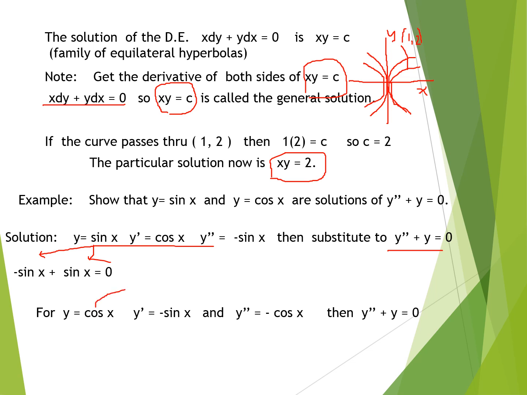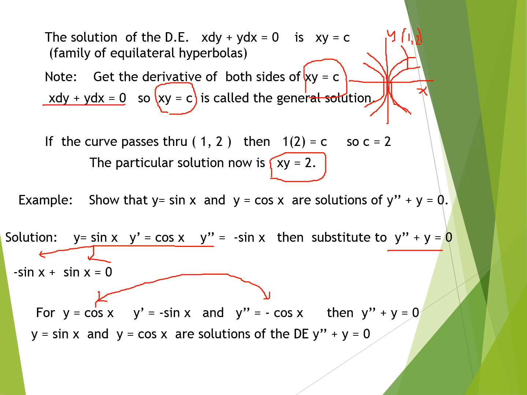Observe that if I substitute it here, this will satisfy the equation because when you add it there, the value is 0. You conclude then that y is cosine x is a solution. So both sine x and cosine x represent solutions of y double prime plus y is 0.